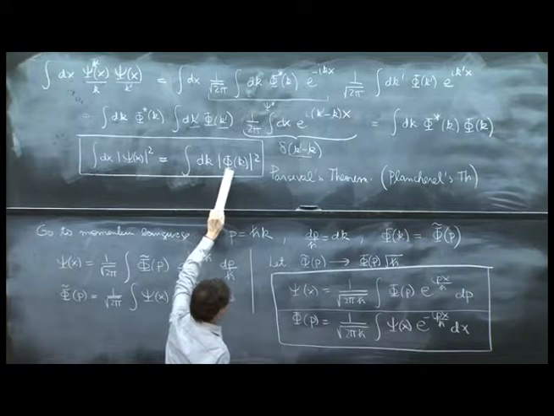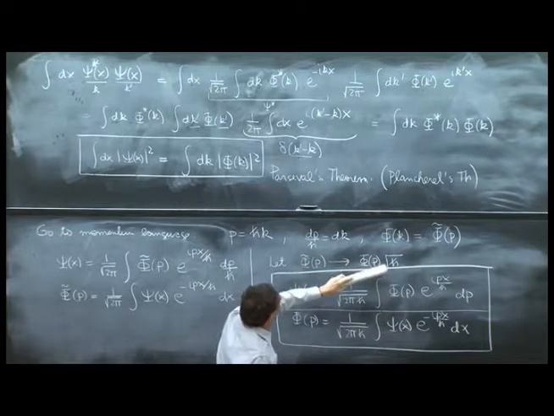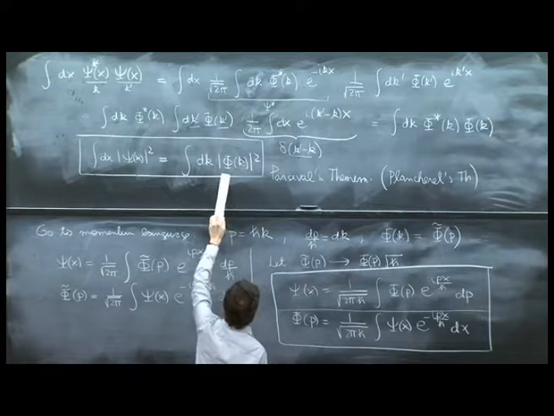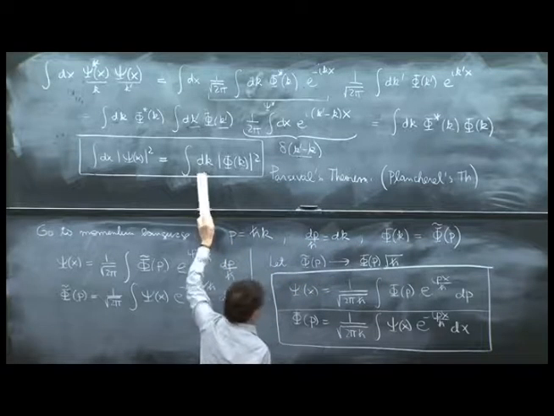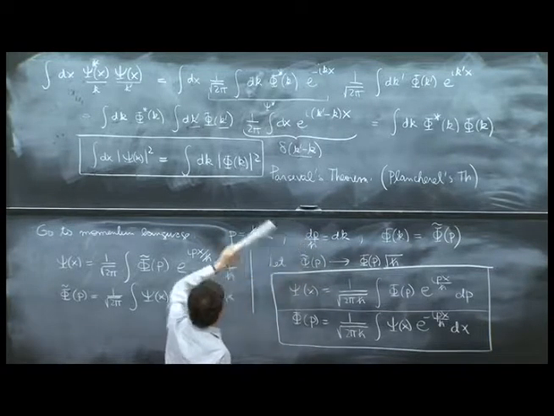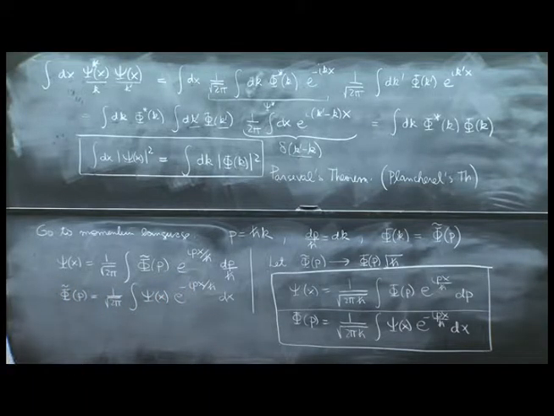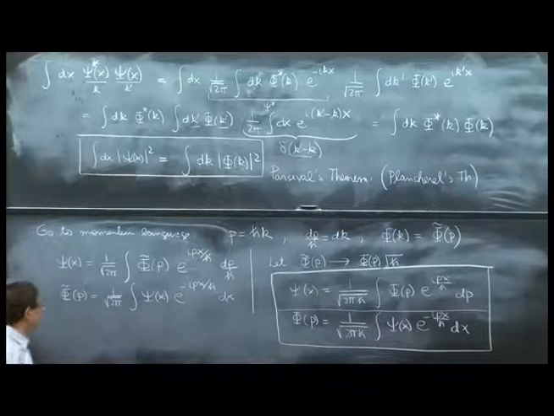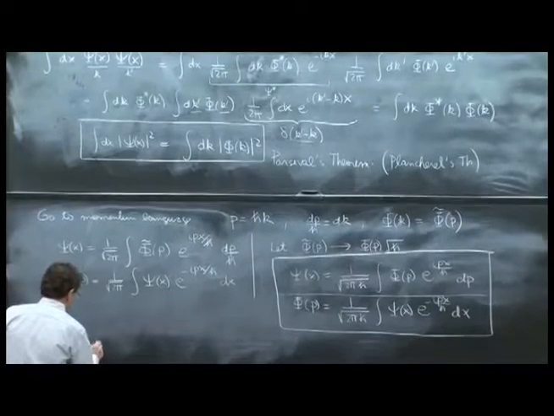And this becomes phi tilde of p. But phi tilde of p then becomes square root of h bar times phi of p. So you get 2 square roots in the numerator, and the dk that had an h bar in the denominator, so they all disappear happily. It's a good thing.